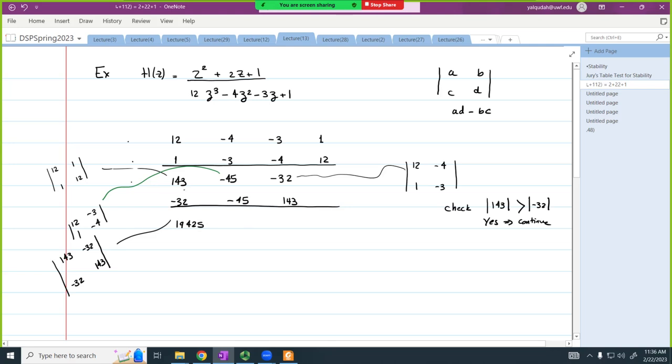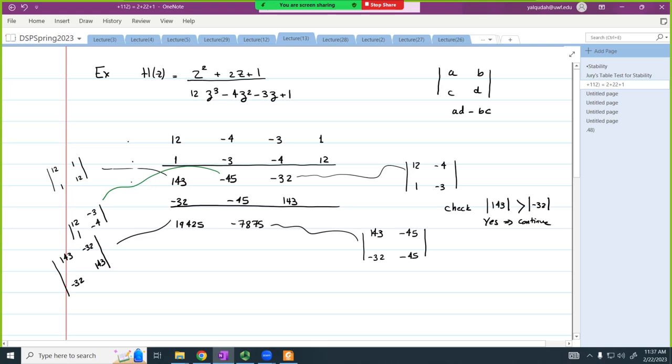Then I calculate 143 times negative 45 minus negative 32 times negative 45, which is this entry here. 143, negative 45, and negative 32, negative 45. That gives me negative 7,875.